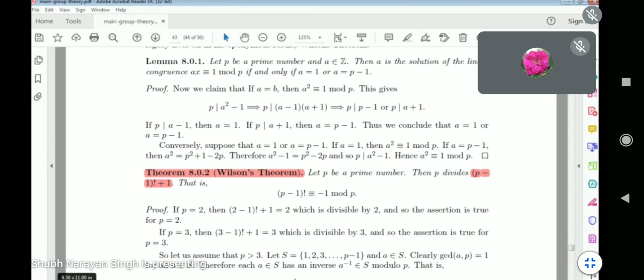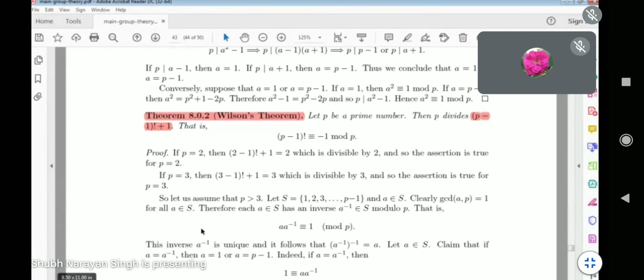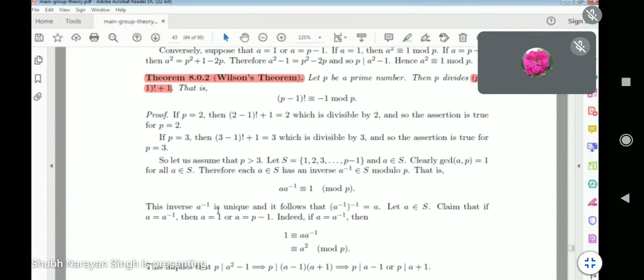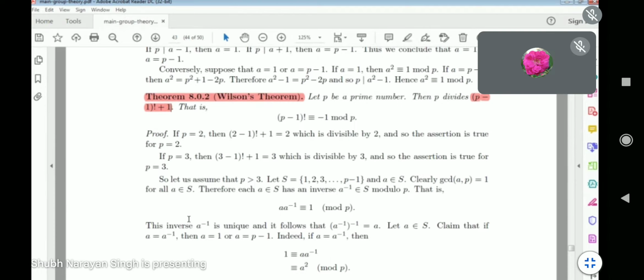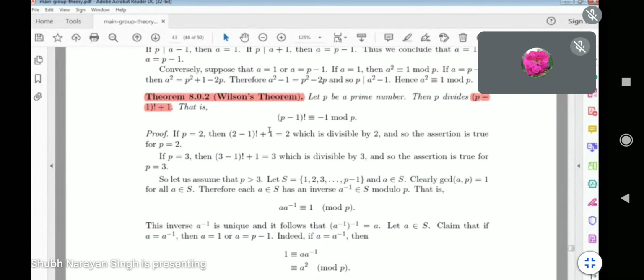I think the proof is not so lengthy, so I'm going to explain the proof of this Wilson theorem. This is a half-page proof. Here the only condition given is that p is a prime number, and you know the range of prime numbers: they start from 2, 3 is also prime, 5 and 7 and so on. Suppose p is 2.